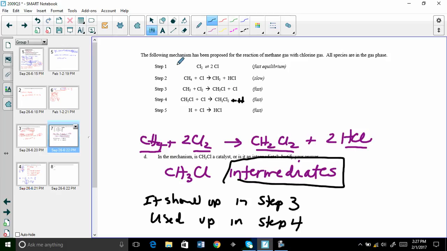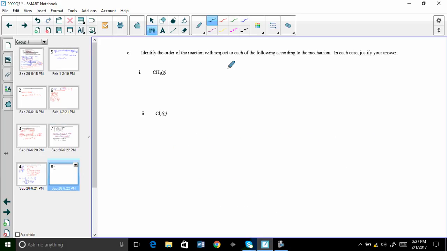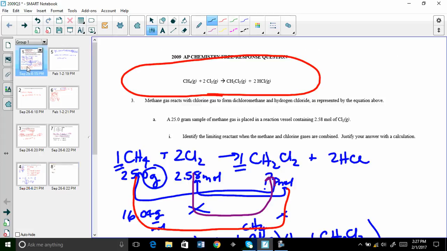Okay, this is my favorite question. I'm going to come back to this. But notice, remember that the rate law comes from the stoichiometry of the slow step. So on this problem, it'll say identify the order. So here's the thing. If you look back, the slow step is, I got to go back to, sorry, this slide.